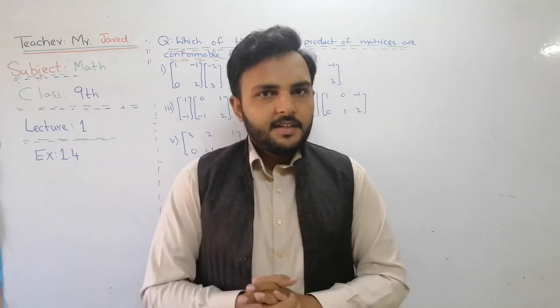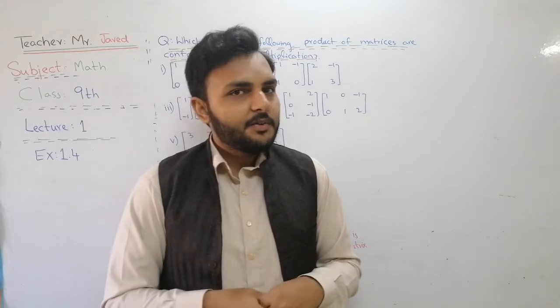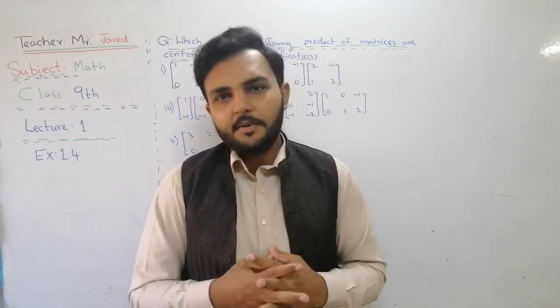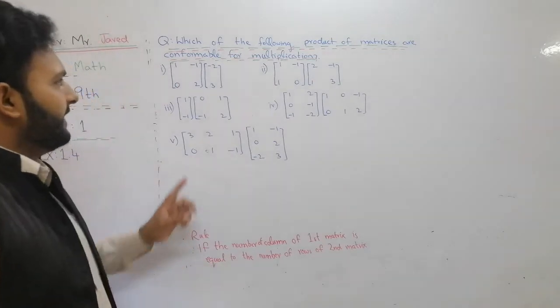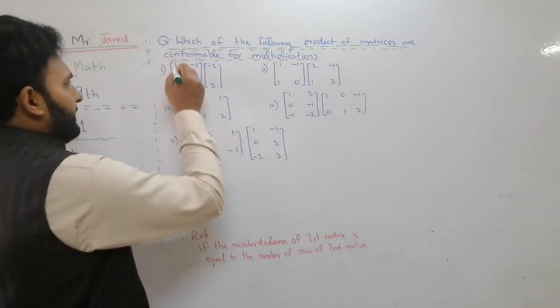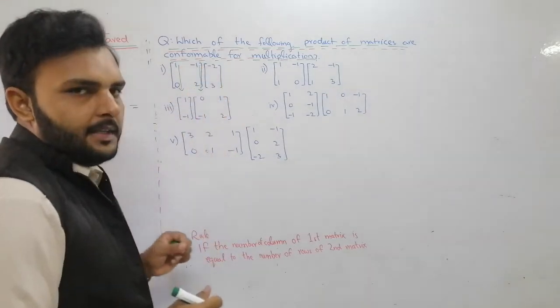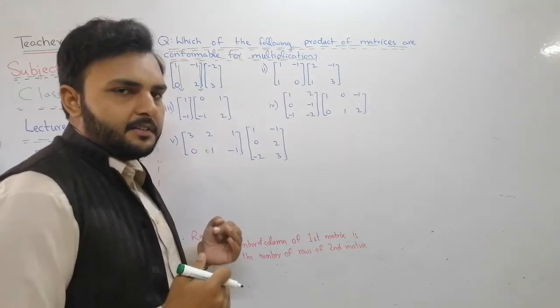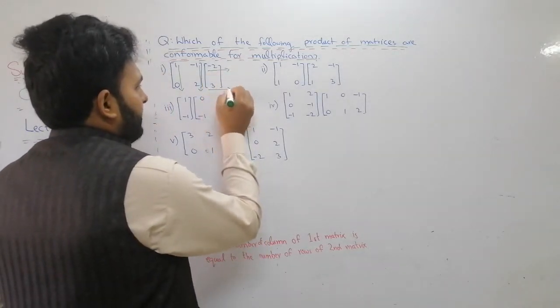Clear, all the students? Okay, now we'll see the question and how the two matrices follow the rule and how we can multiply. So let's start. Here is question number 1. When we see vertically, these are the columns, because in the first matrix we look at the columns. When we see like this, these are rows.